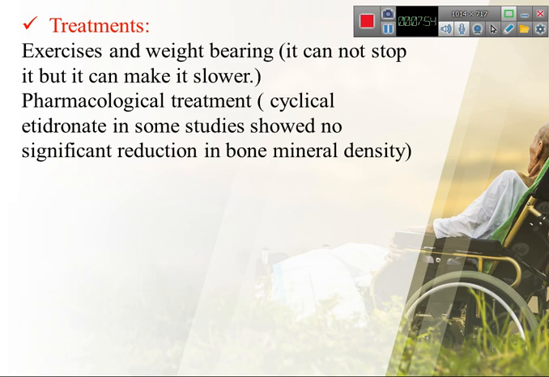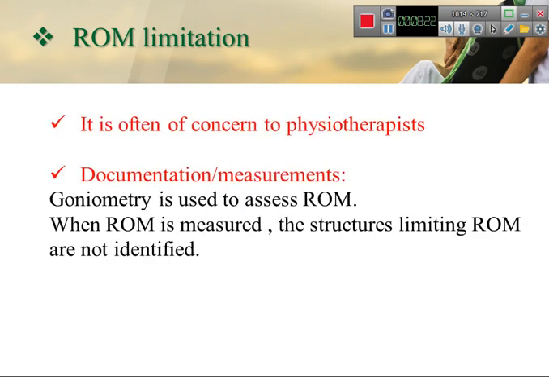We can use pharmacological treatment, but in some studies, cyclical etidronate showed no significant reduction in bone mineral density. But we use it. As the study said, it has no effect on bone mineral density, but we use it again.